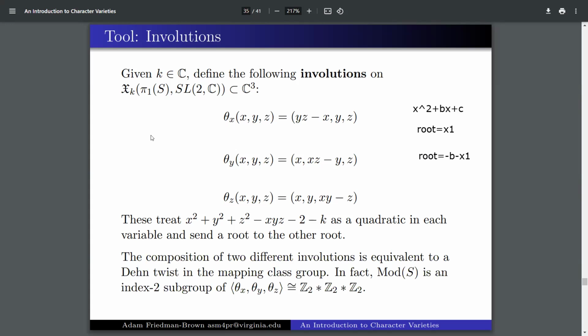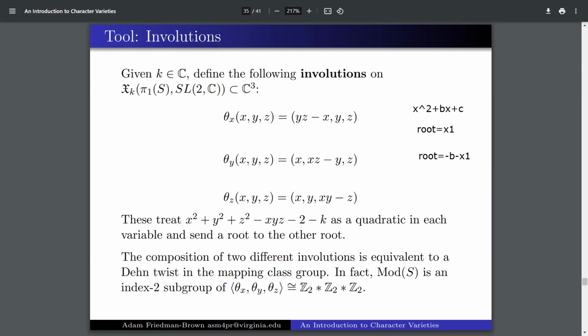This is nice because this encompasses the action of the mapping class group. If you take two of these involutions, the composition of them is a Dehn twist, or at least it's equivalent to the action of the Dehn twist on this relative character variety.